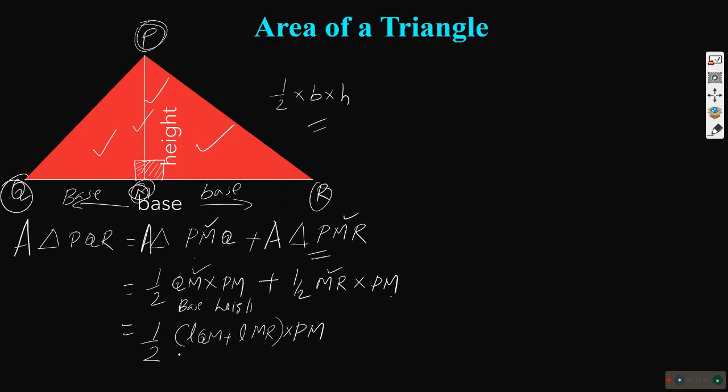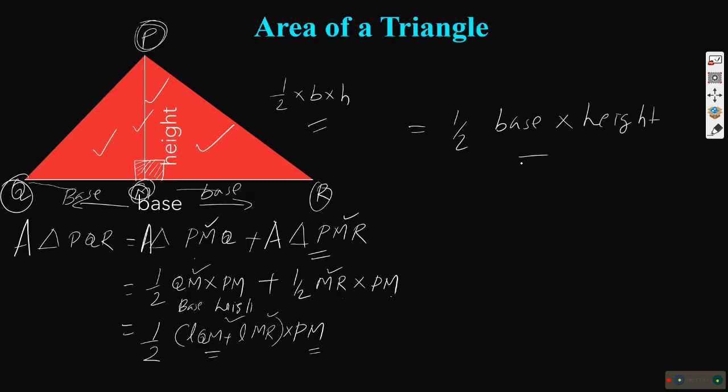So this became two bases taken together, one height, multiplied by half. And what is this QM plus MR? QM is this, MR is this. So instead of writing the length of QM and the length of MR, I can write it as half of base into PM, which is the height.